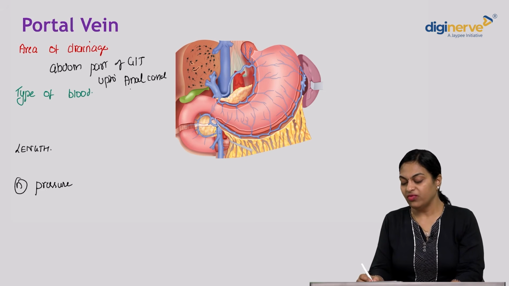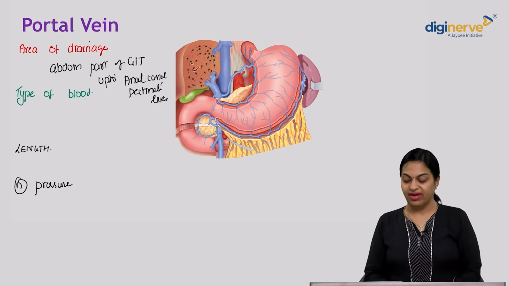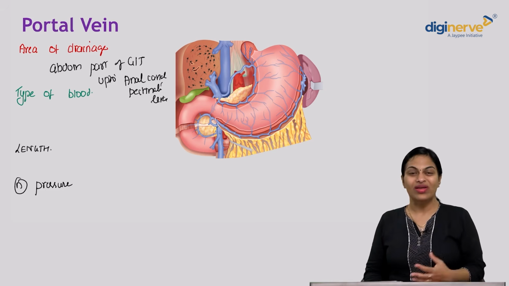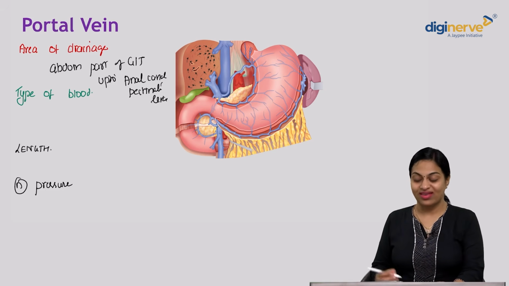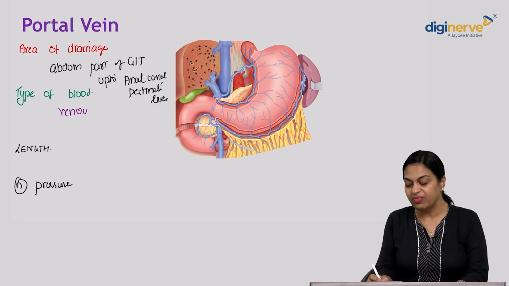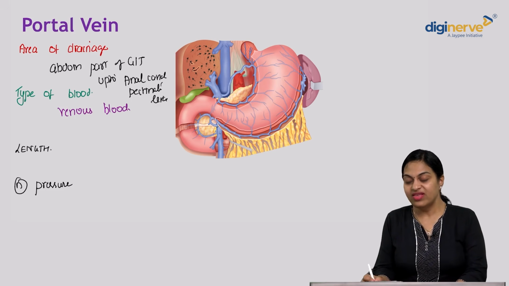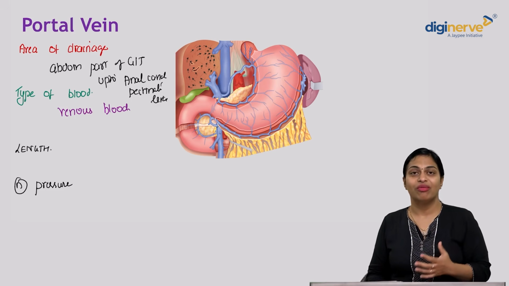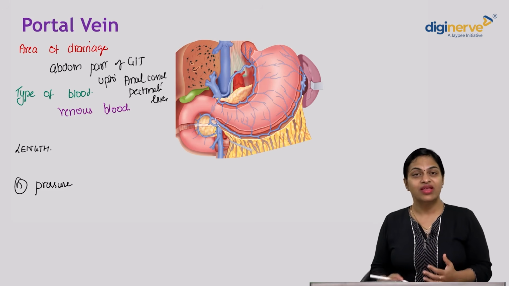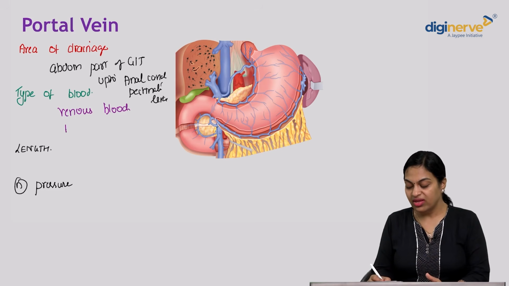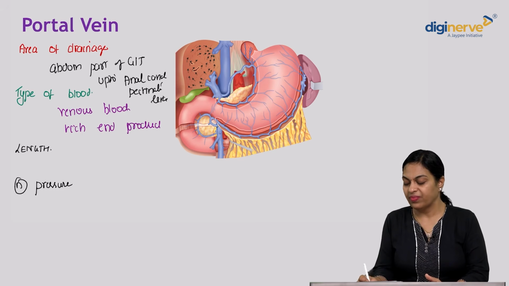The part of the anal canal below the pectinate line is drained by the systemic veins, right? And what type of blood does it contain? It's not just venous blood. Since it drains the blood from the GIT, this venous blood is rich in end products of digestion.